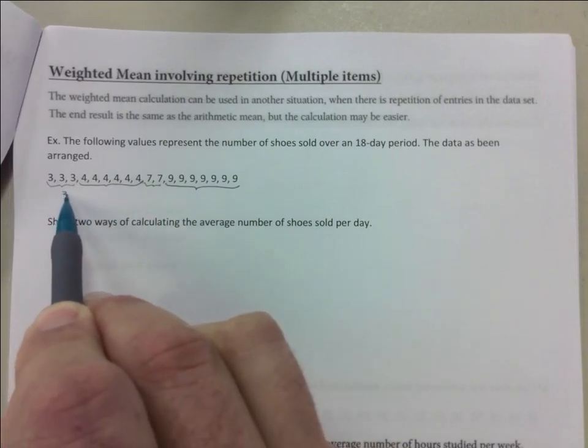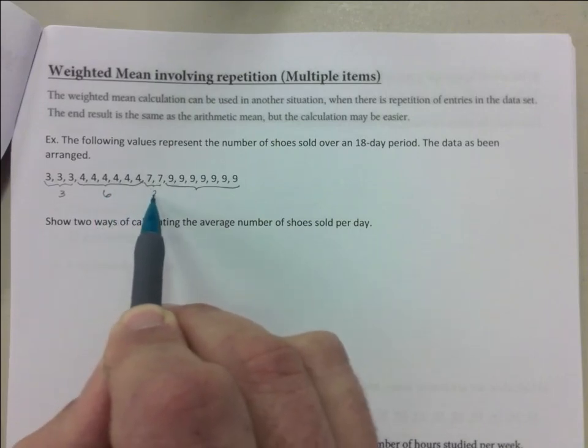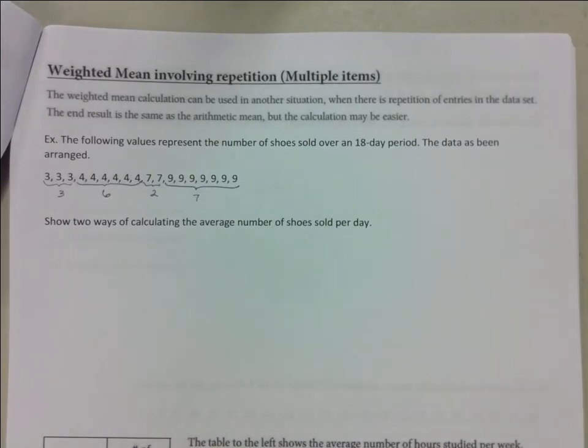So you've got 3 of them here, you've got 6 of them here, 2 and 7. This is just to help you understand what's happening in the background of repetition.